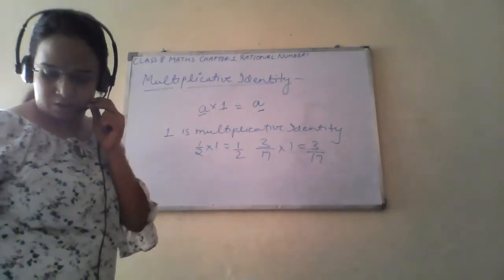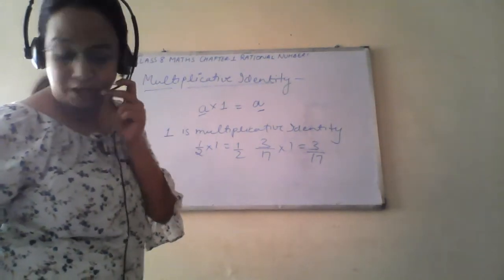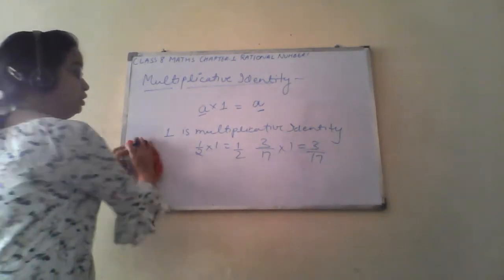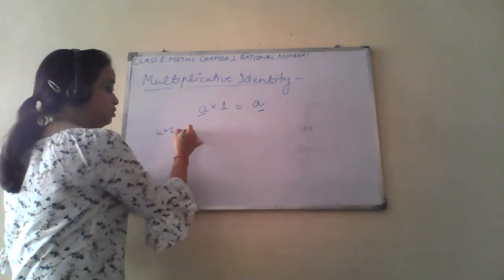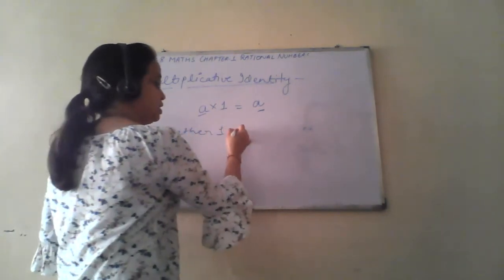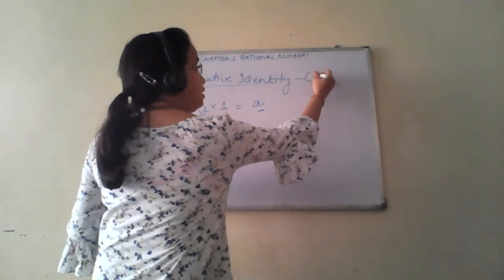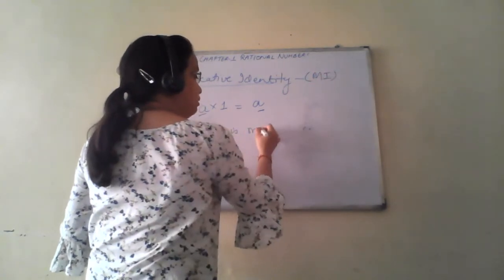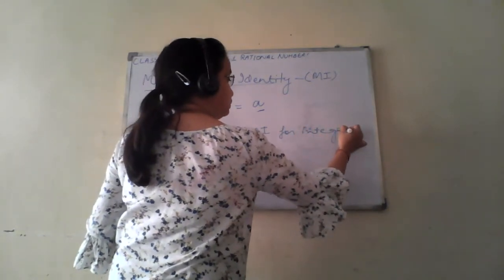Now can you say that 1 is the multiplicative identity for integers? The question is whether 1 is the multiplicative identity for integers or not.